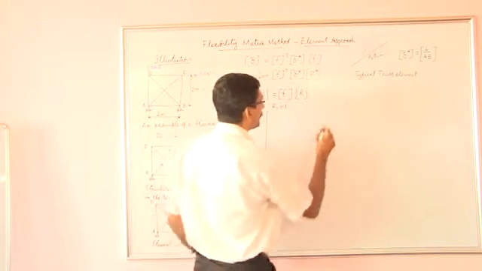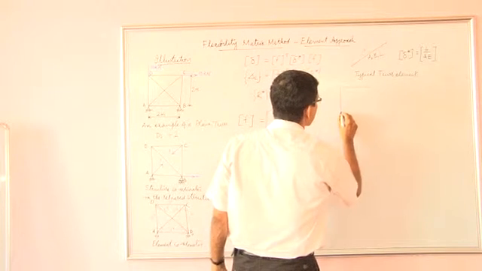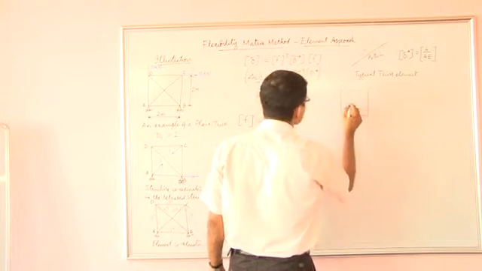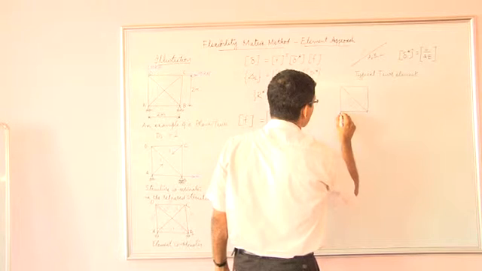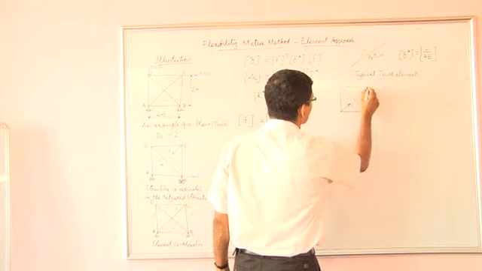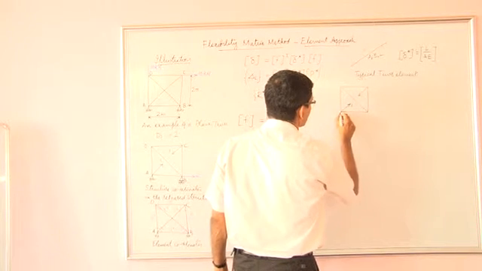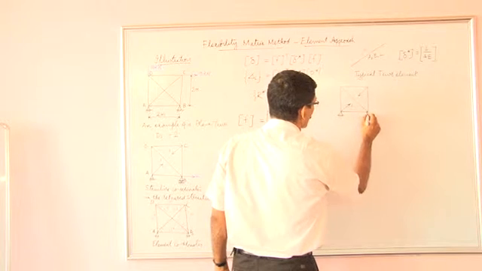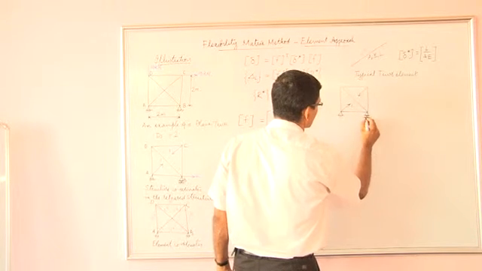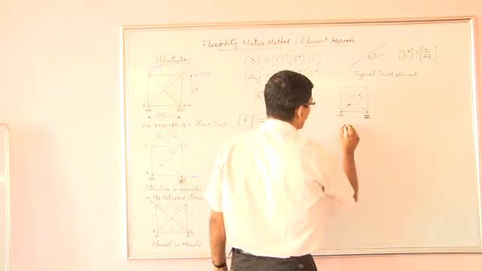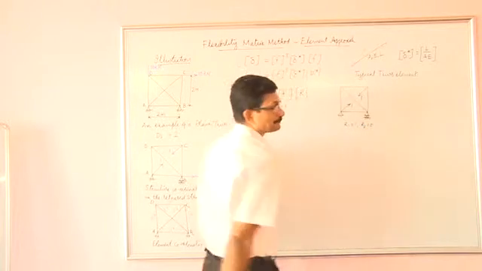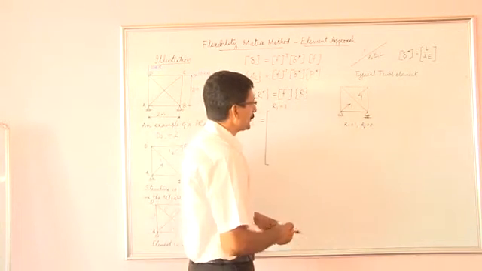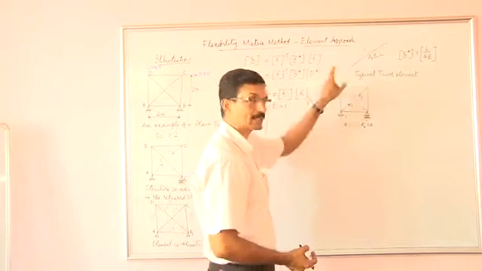So when we do that, this force is equal to 1 and this support is a roller support. That is the situation. R1 is equal to 1 and R2 is equal to 0. Now, by method of joints, we can find the forces in all the members.